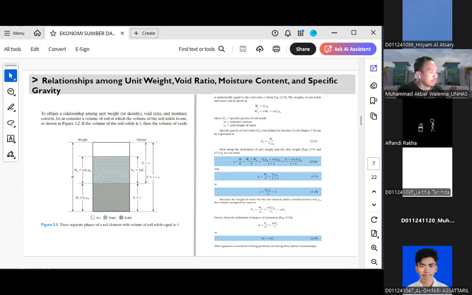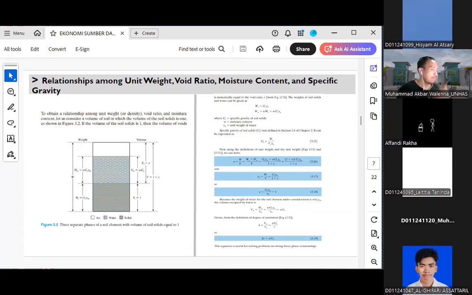The numerator is (1 + moisture content) multiplied by specific gravity and unit weight of water, which represents the total weight of the solids plus water.